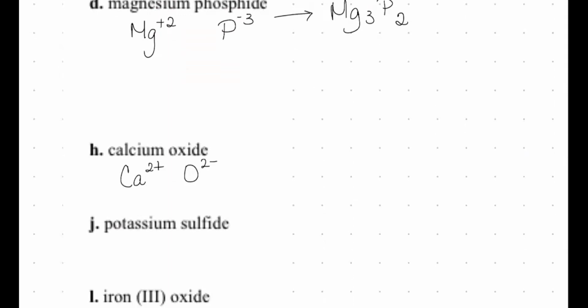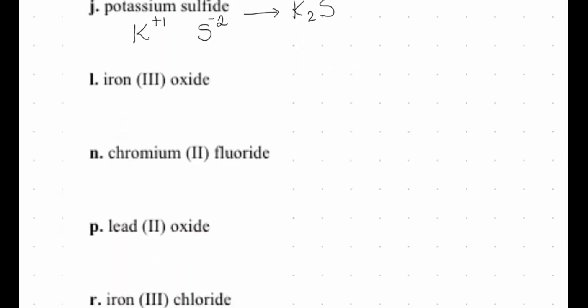Again, calcium lives in group 2A, that's why it's 2 positive. Oxide lives in 6A, that's why it's -2. Great job, you guys. This is CaO. Potassium sulfide. Potassium, symbol is K. Charge is +1. Sulfide is S, and it has a -2 charge. Excellent, K2S.